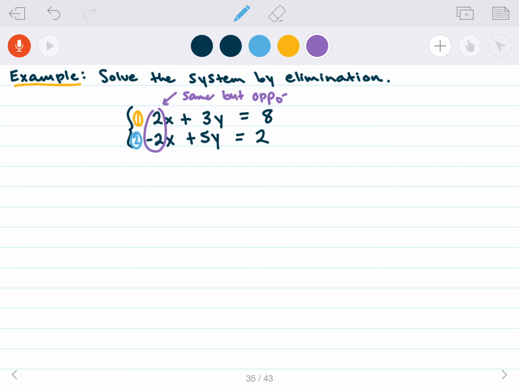That's the key. So the variable I want to eliminate is x. That's the big giveaway there.